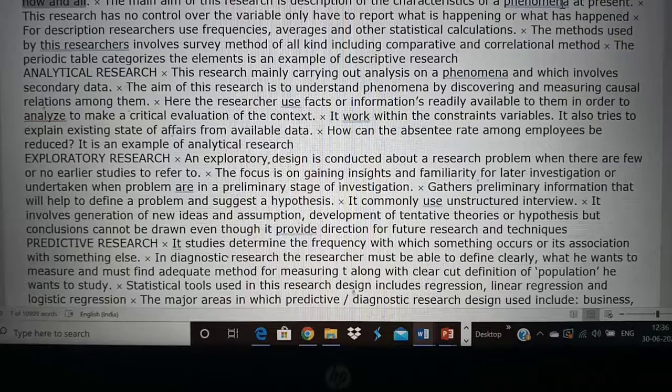So if HIV can be prevented by taking a particular medicine, and you are doing research on the medicine and how it prevents or cures HIV, you will see the effect. You will be studying in detail about the effect of that medicine. So that is one example of analytical research.